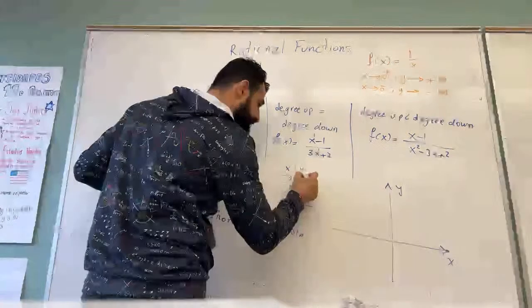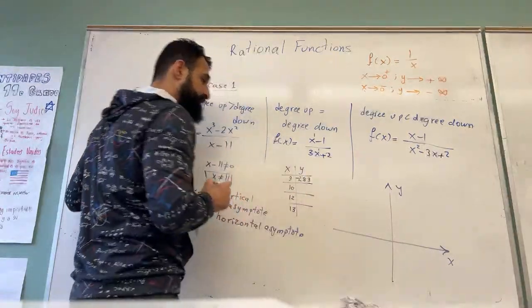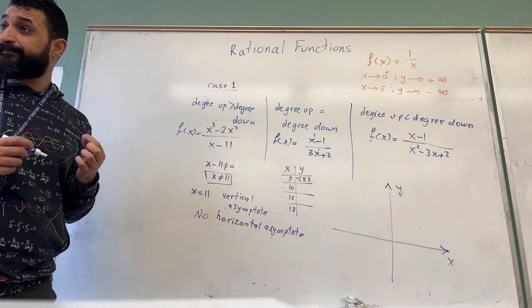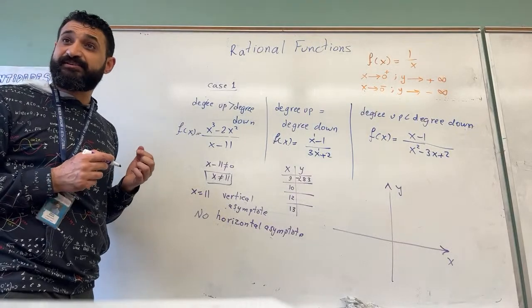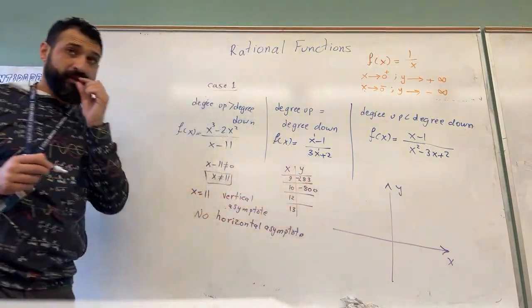Negative 283. Yeah. It's negative 2 on the bottom. What about 10? Negative 800. Negative 800? Yeah. What about 12?